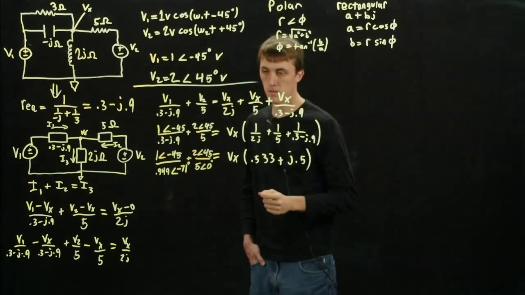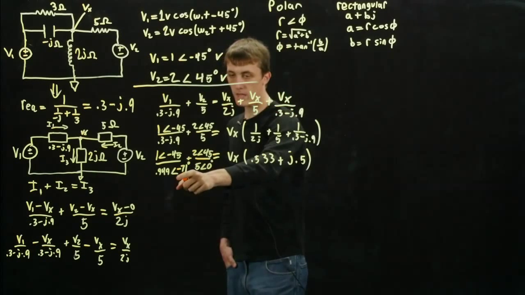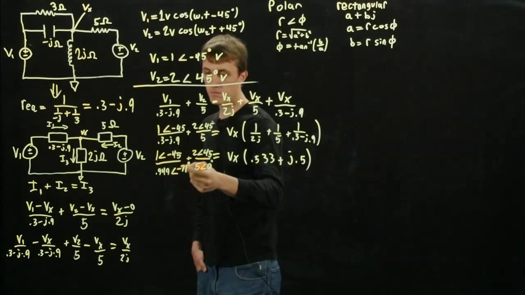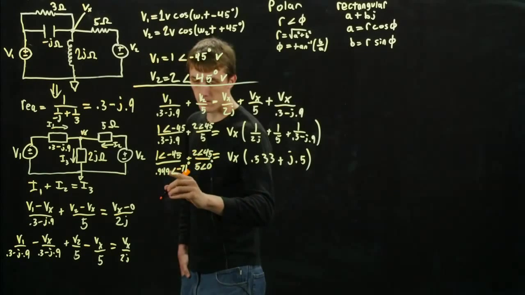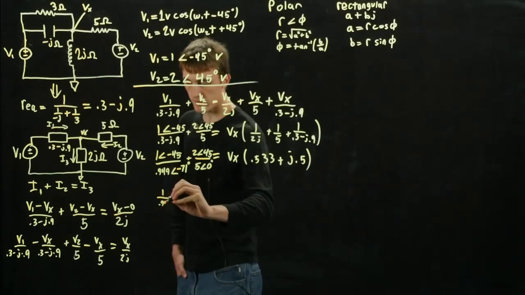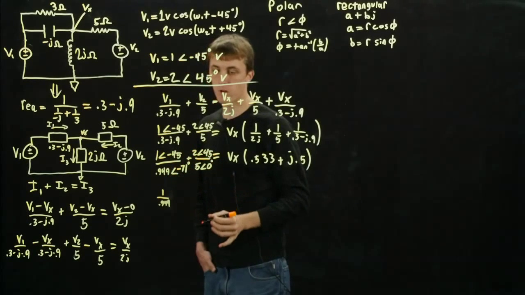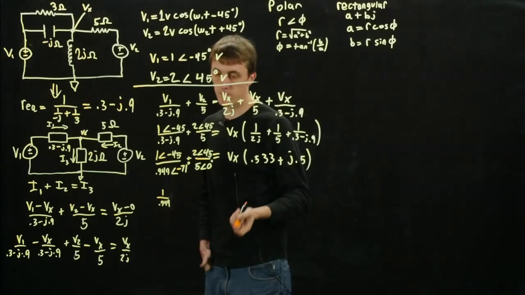So at this point, multiplying and dividing in polar is easy because the r's will just divide like normal fractions. So this term ends up being 1 divided by 0.949. And the angles add or subtract depending on if you're multiplying or dividing.